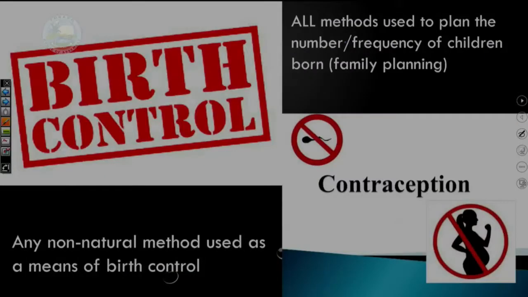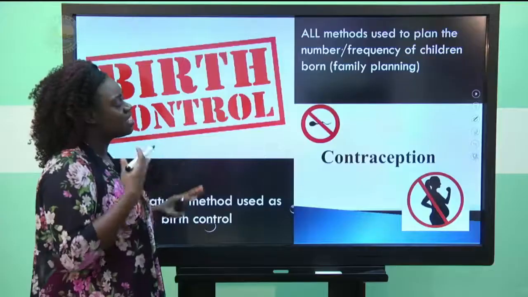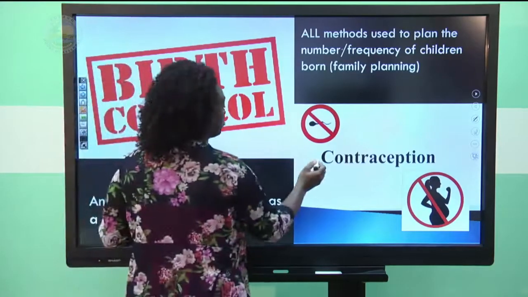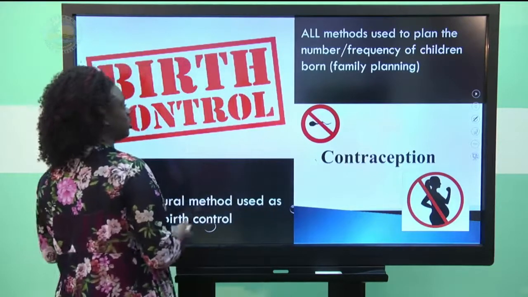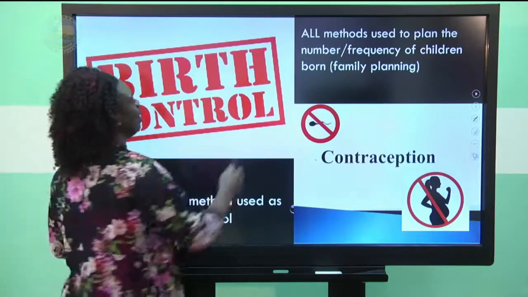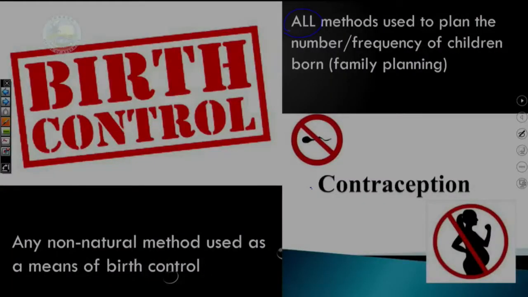Then they are going to have to engage in different birth control methods. And we tend to see the words birth control and contraception being used interchangeably. However, birth control is really all the methods that you would use when you're engaging in family planning.